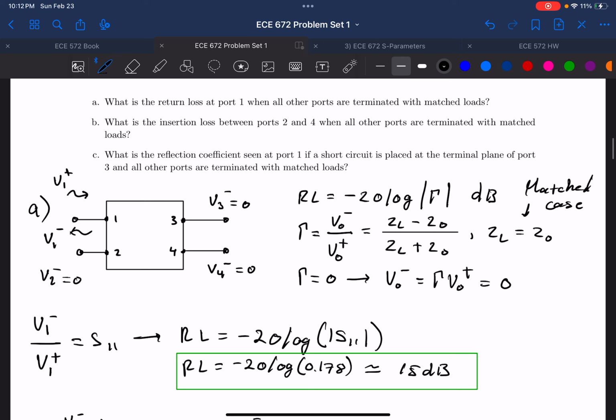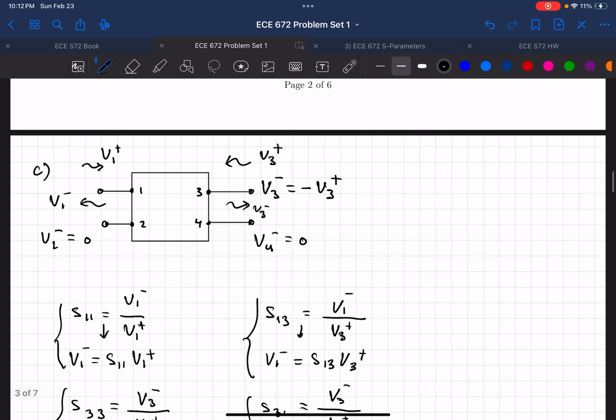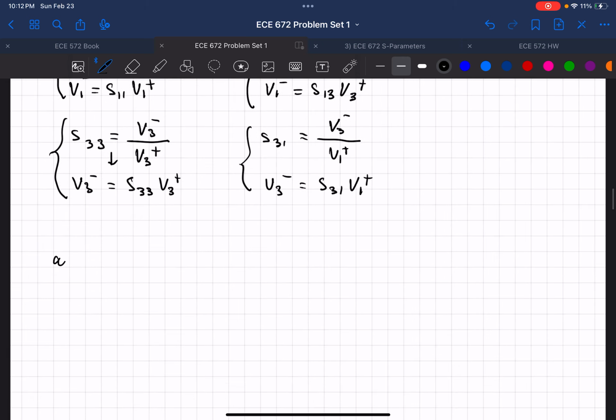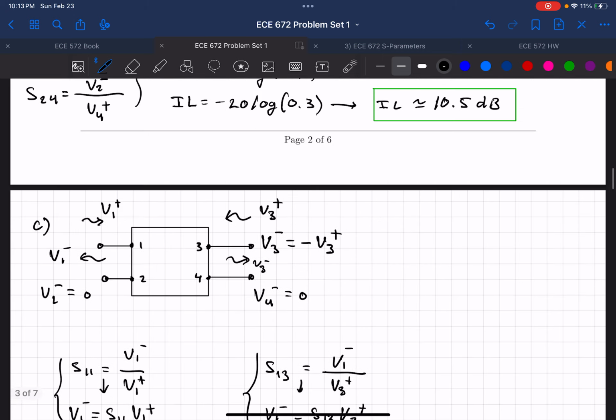Okay, what is the reflection coefficient seen at port 1, right? So reflection at port 1, we have the reflection coefficient, which is V1 minus over V1 plus. We introduce V1 plus and we measure how much V1 minus is reflected.